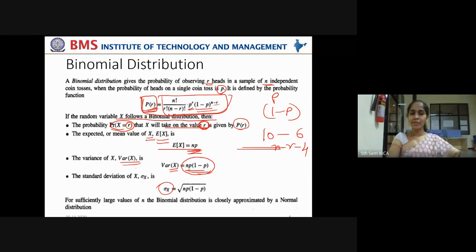Okay, now for sufficiently large values of n, that is, if you increase the number of instances in the sample and you increase the number of experiments, that is the number of samples you have taken, not only the instances in the sample but also the number of samples you have taken. If you keep on increasing the number of experiments, in such cases, for sufficiently large values of n, the binomial distribution is closely approximated by a normal distribution.